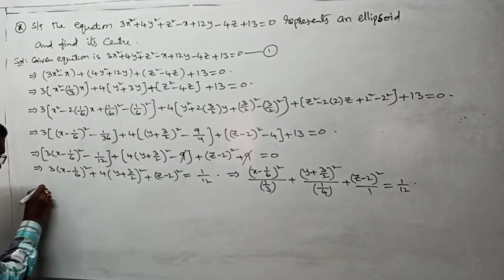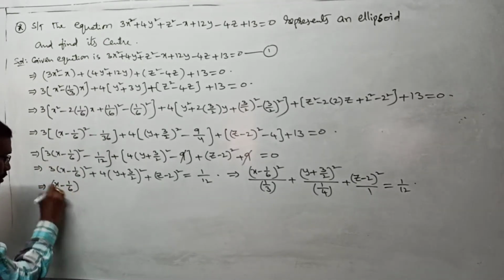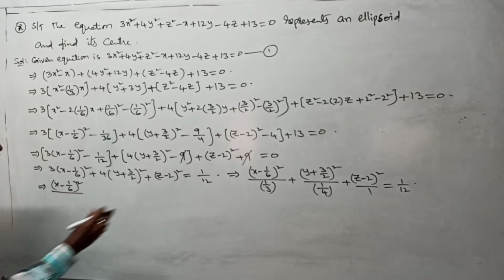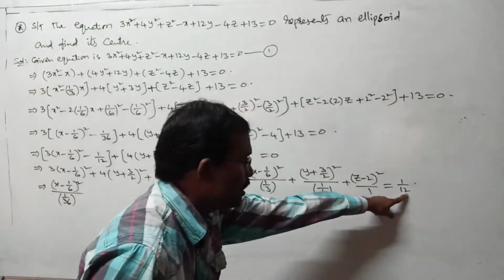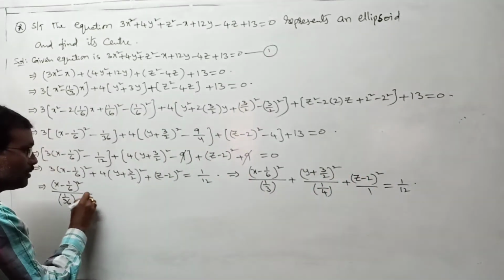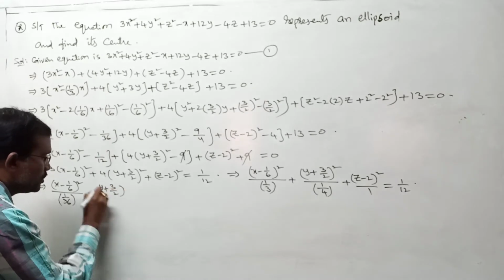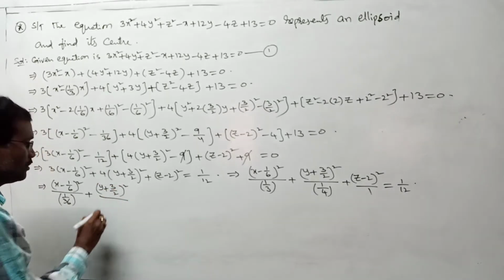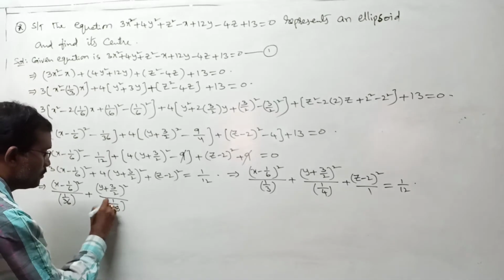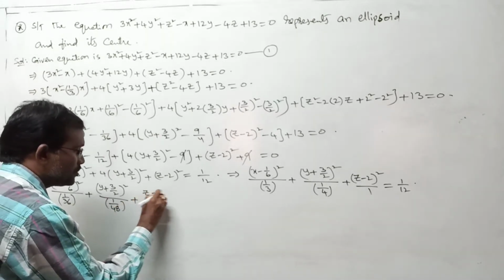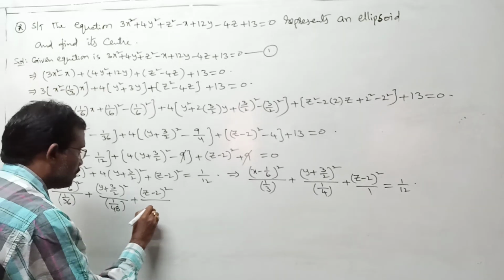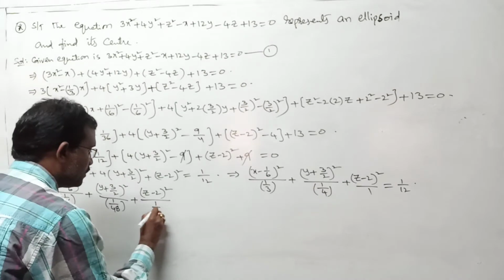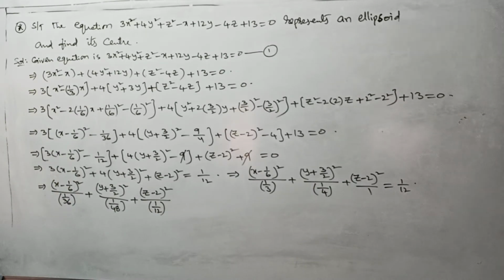I mean, you can write this as (x minus 1 by 6) whole square by 1 by 36, plus (y plus 3 by 2) whole square by 1 by 48, plus (z minus 2) whole square by 1 by 12. We are multiplying the total expression with 12, so 12 into 1 by 12 is equal to 1, because we need to make the right side 1 now.